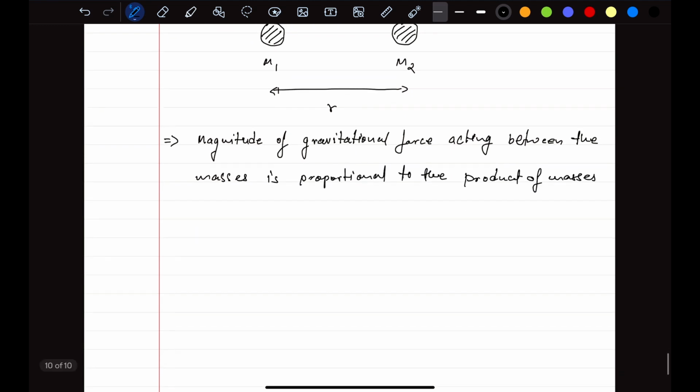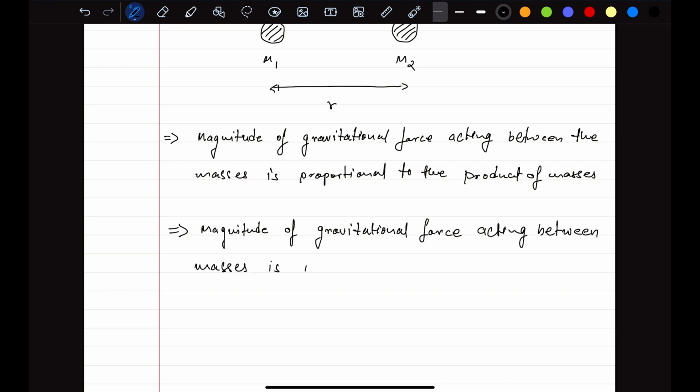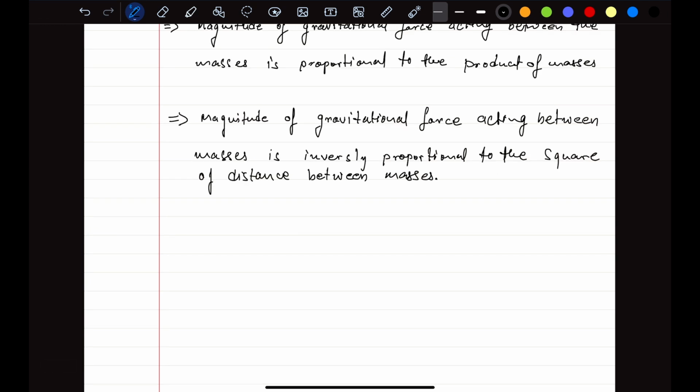Second statement is that the magnitude of gravitational force acting between masses is inversely proportional to the square of the distance between them. So let's denote the gravitational force by F. Then F is proportional to the product of masses m1 and m2.